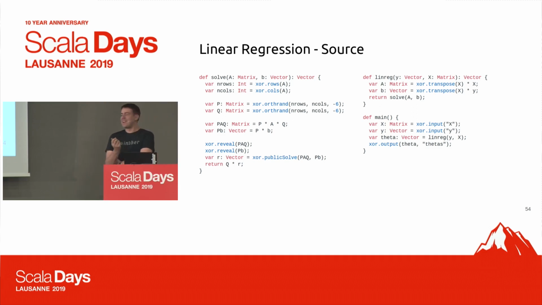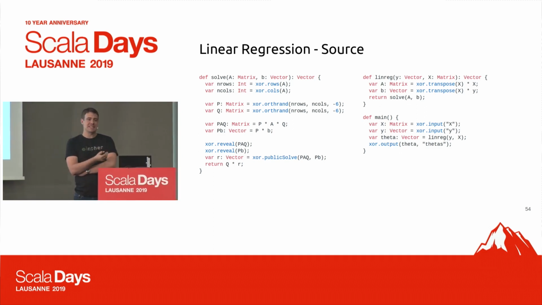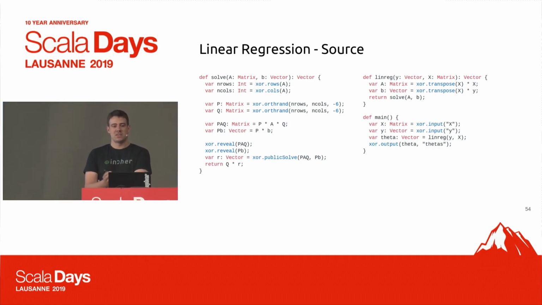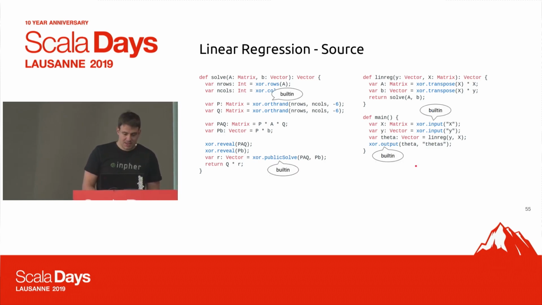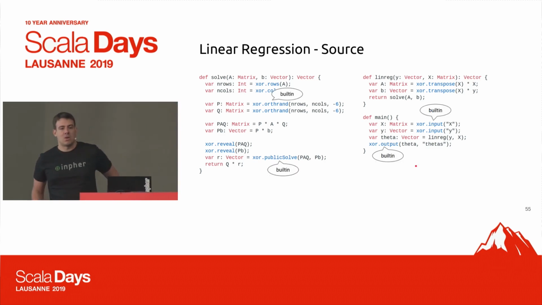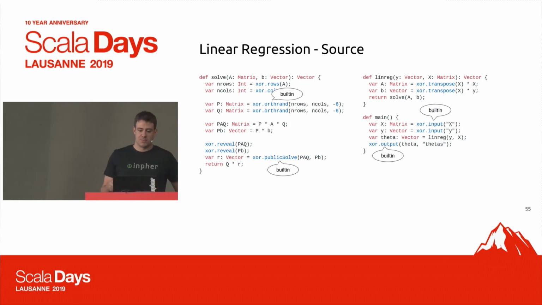It doesn't look really exceptional, and that's by design. We want it to be as easy to use as possible for anyone who does not know anything about MPC. So it really looks like some linear algebra code. The only thing you'll note is there are these XOR dot things. You can think of them as calls to a standard library or some primitive instructions.